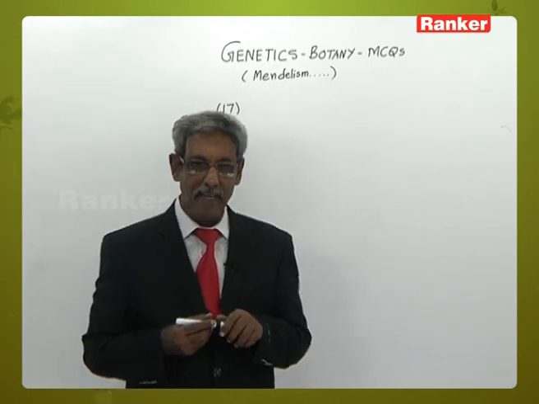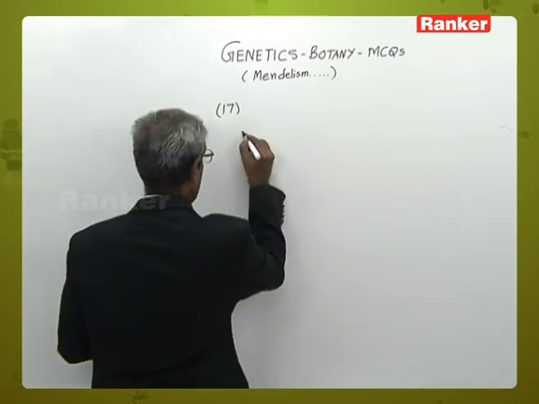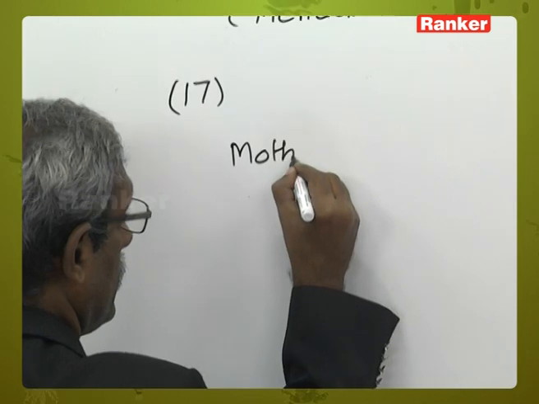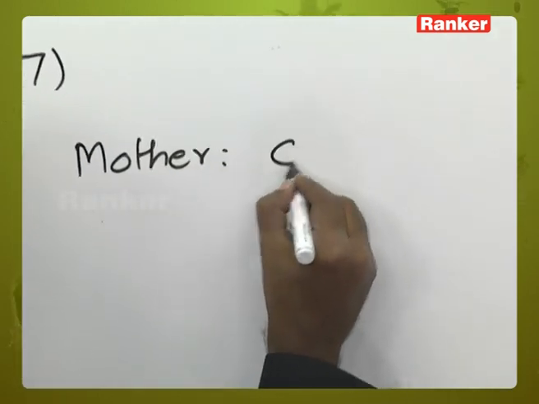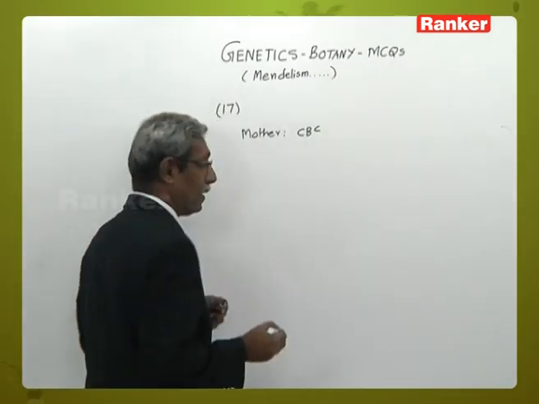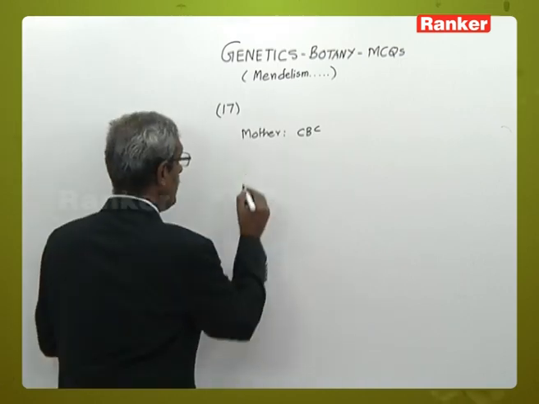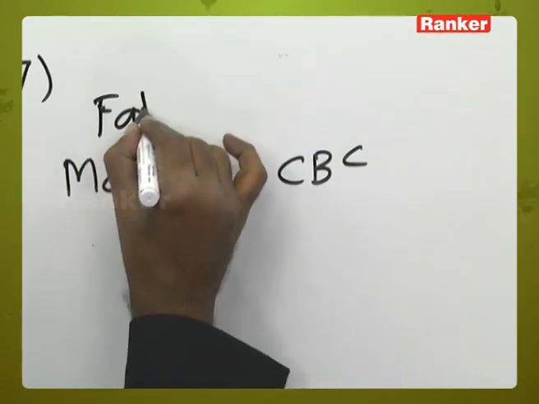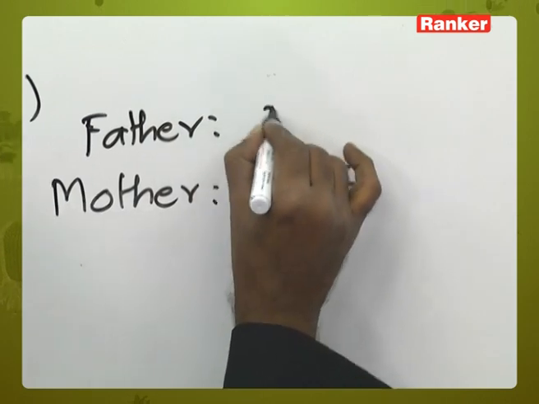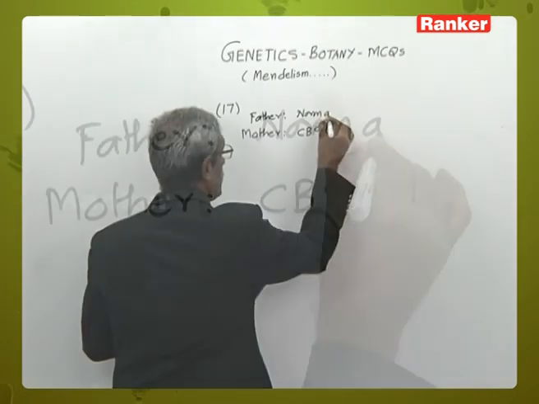Now, you exactly understand when you take the mother. The mother here is a colorblind carrier. And when we take the father here, the father is normal, that is, without color blindness.